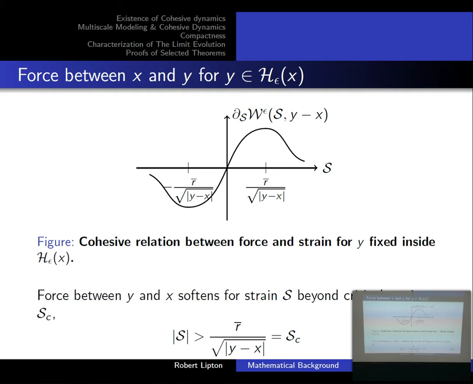And here it's where the derivative vanishes. So for strains larger than this value, we're softening, and for strains less than the value, we're still stiffening. And right here is the critical value where we have the maximum force, not zero stiffness. And then it starts to soften.